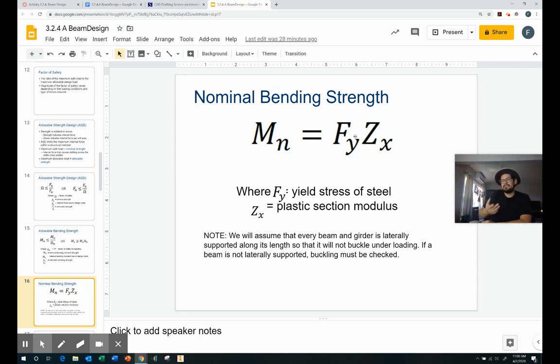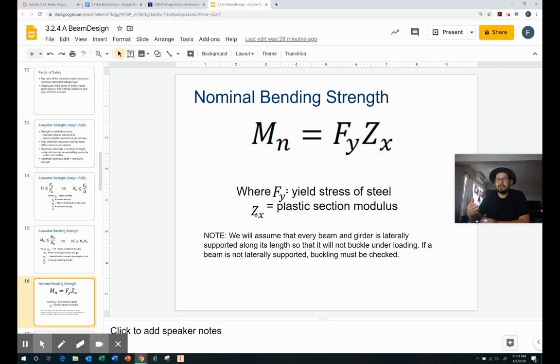So when we look at a stress strain curve, and this is going to be given, so you don't need to calculate this, but when we look at a graph, what is the stress that the steel is under at the yield point, times the plastic section modulus? Now, this is something that you're going to be given, so don't worry too much about it. This is a formula, and you're going to be able to see what the plastic section modulus is.